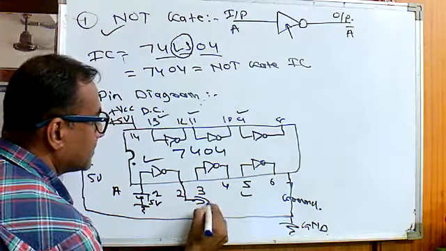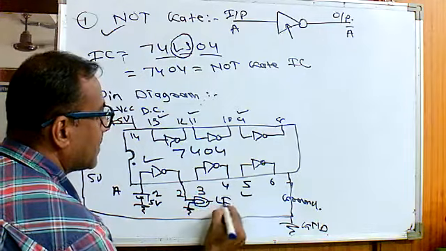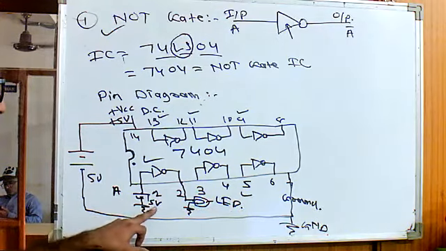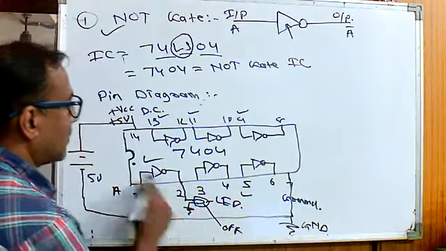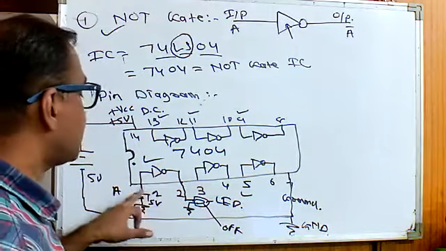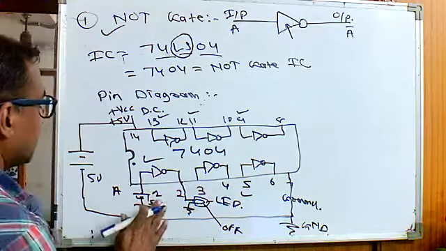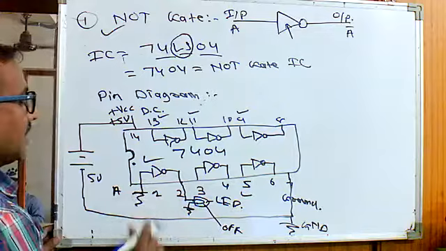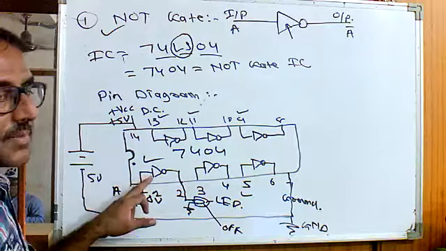So the output goes to the LED, and the other side is ground. LED means light emitting diode. When the input signal is plus 5 volt, the LED is off. So the base bias is applied at pin number 1, so the output LED is off. Then pin number 1 is ground, 0 volt is applied at pin number 1.